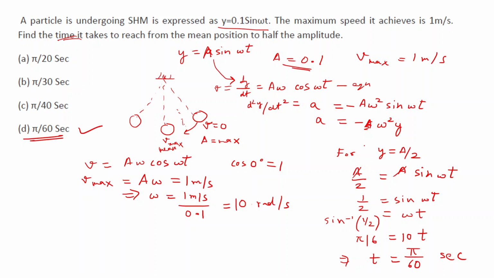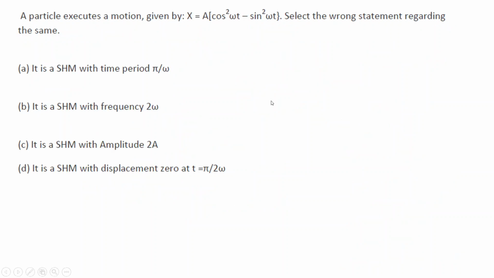Okay, so now the next question. A particle executes a motion given by this expression. Select the wrong statement regarding the same. Is the particle in simple harmonic motion or not? First, let's do some algebra and simplify it to our known form of equation, right?